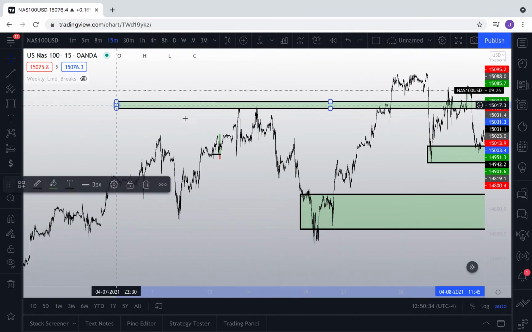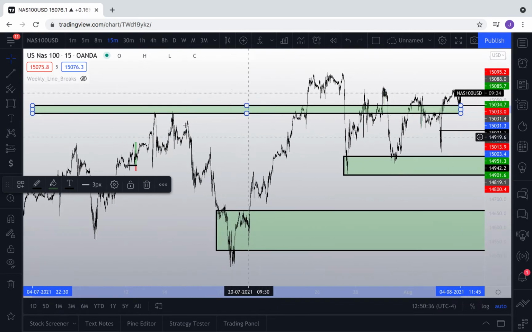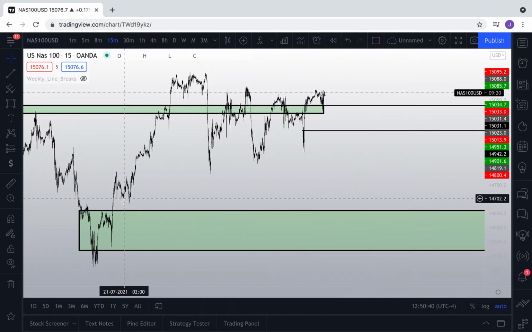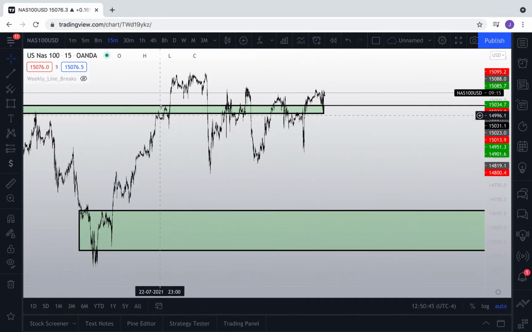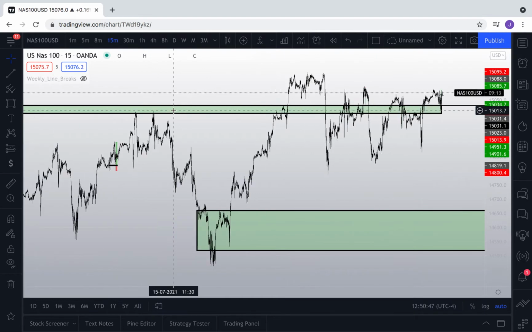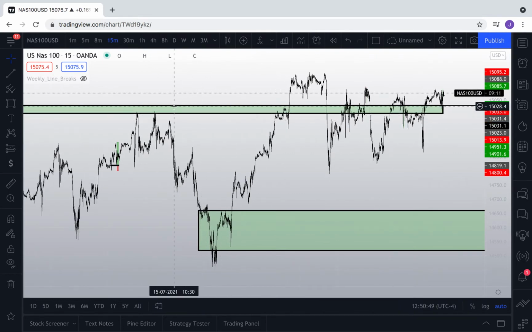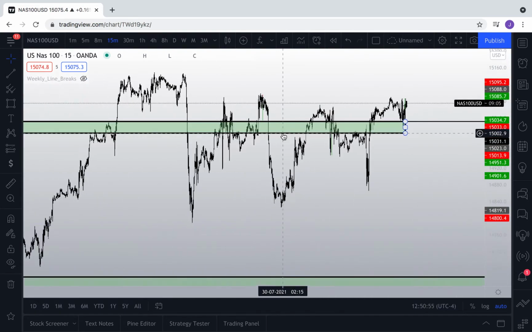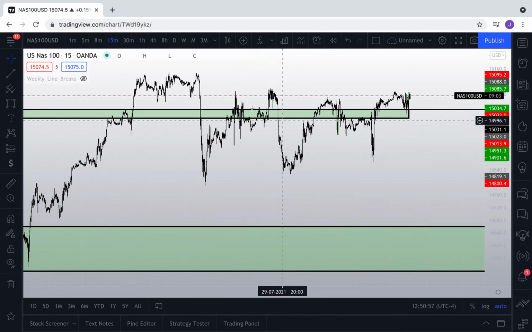See? And I just randomly drew. Let me delete this. Well, actually, I'll keep that. But just focus on this green line right here. As you can see, I just simply pulled it back to the left. And if I continue in the future to pull it back to the right, I'm almost positive that it'll continue to react off this area.